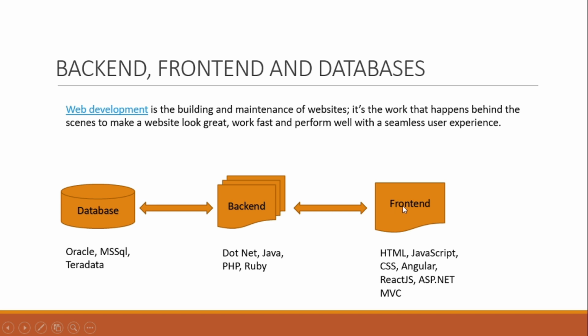Sometimes the front end calls the backend and the backend calls the databases, and the databases operate on the data and provide the response to the backend, and then the backend provides the response to the front end. Meantime we also have some database services which are directly consumed by the front end side. So that improvement is happening, but at the current time we are consuming web applications in three tiers only.